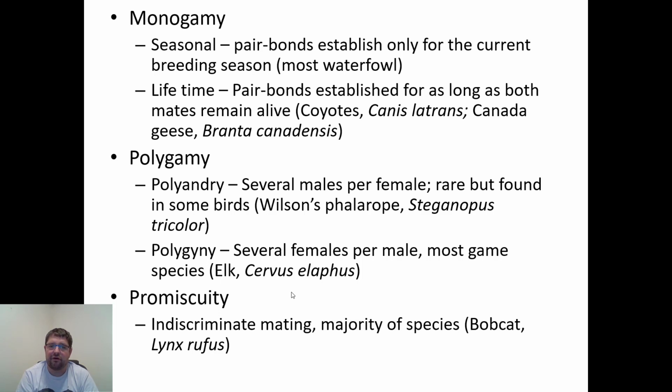A lot of cats will do this. They just mate with whatever individual they can find. And they will do it all the time. They will mate with different males or different females whenever they can. So a lot of species have indiscriminate matings. That's different than EPCs. I just want to make sure that you understand that.